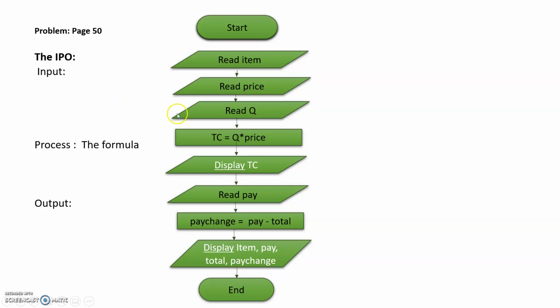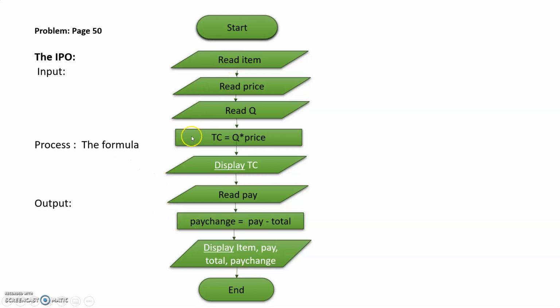The input will be identified through the shape of the flowchart. The input and the output will be in the parallelogram and the process will be in the rectangle.